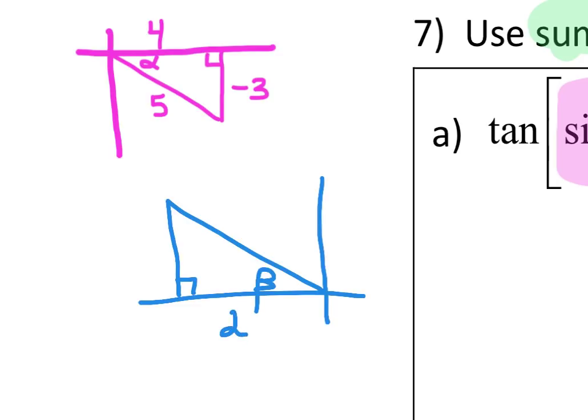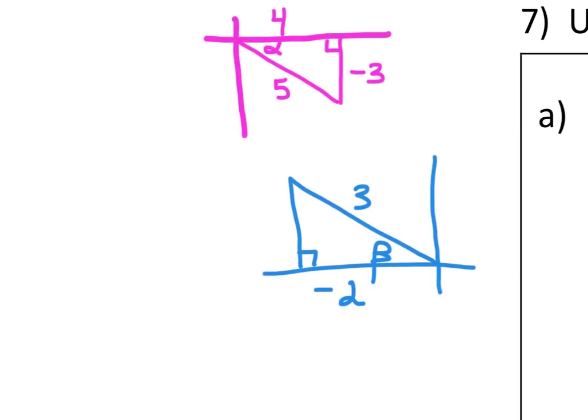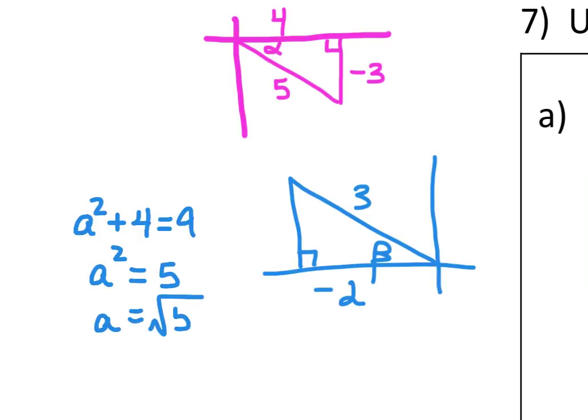So the 2 is the adjacent, the 3 is the hypotenuse, and in the 2nd quadrant, your x value is negative, so that's a negative 2. You're going to need to do the Pythagorean theorem here to find the third side. A squared plus negative 2 squared equals c squared. So a squared is 5, and so A is radical 5. And so this side is radical 5.